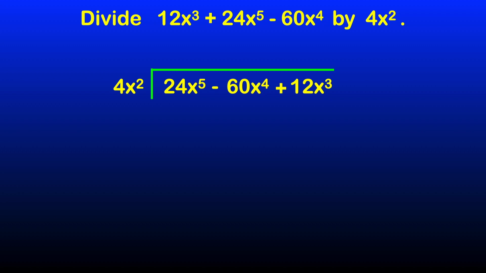So, first, we will divide 24x to the 5th power by 4x squared. So, 24 divided by 4 is 6. And then, x to the 5th power divided by x squared is x cubed. And then, go to the next step, multiply.